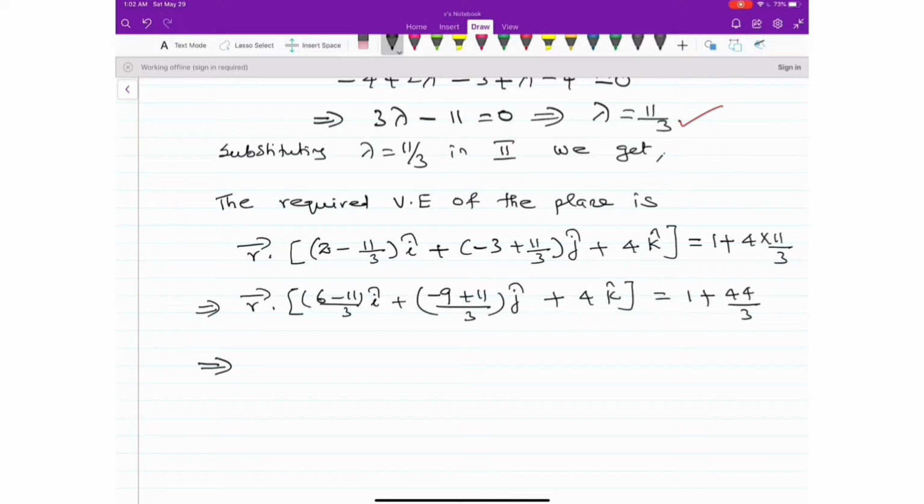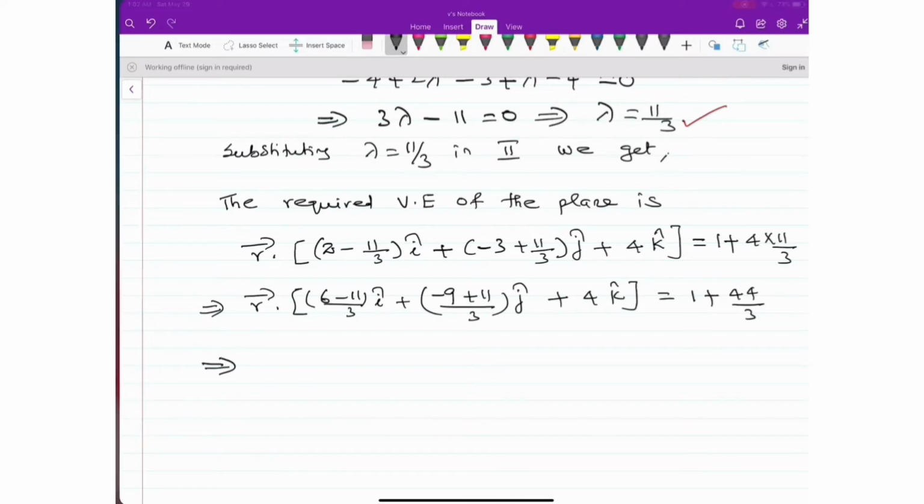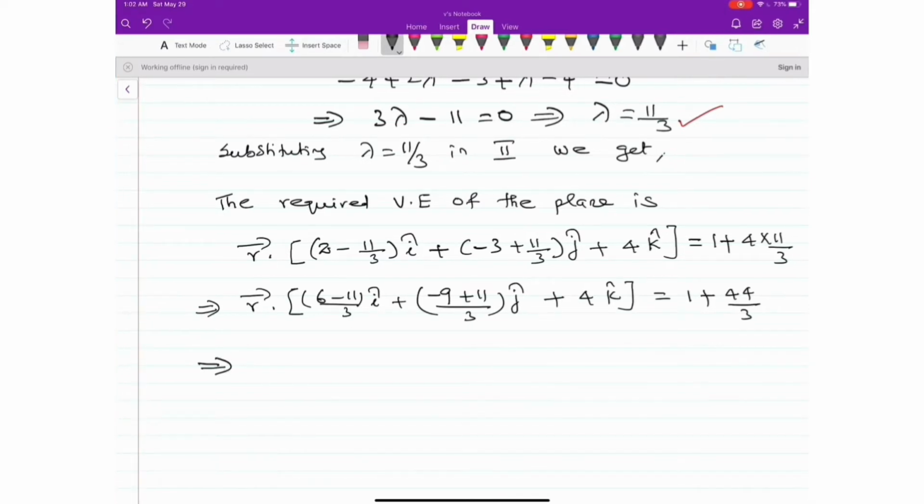This implies, when I take 3 as LCM on the left hand side, I will have r vector dot, here 6 minus 11, so (minus 5 i cap plus 2 j cap plus 12 k cap) by 3 is equal to, here it is going to be 47 by 3.